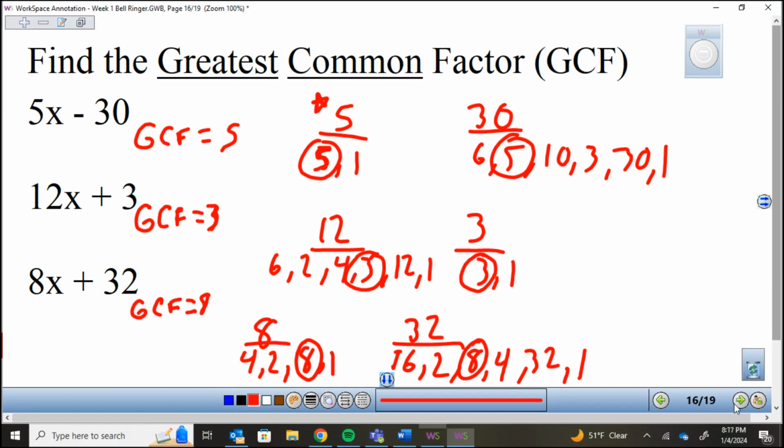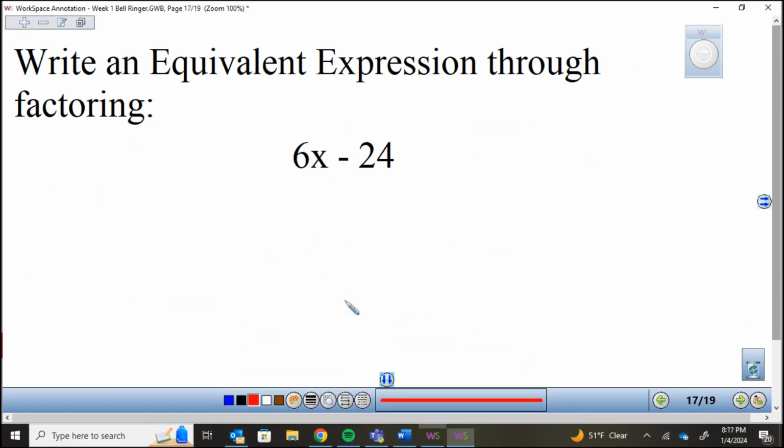Now we're going to learn how to write an equivalent expression through factoring. We have 6x minus 24, so let's write down the greatest common factor. We have 6 and 24. Factors of 6, we have 2 and 3, 6 and 1.